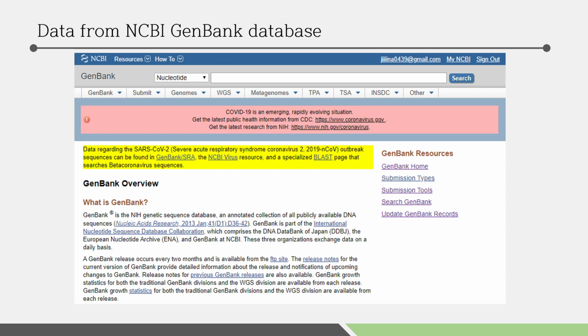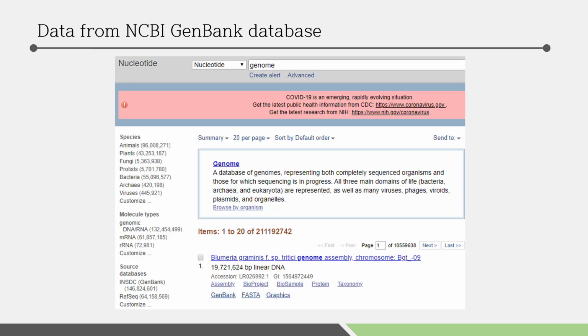Then, where do we collect a lot of data? NCBI GenBank database is open access and annotated collection of all publicly available nucleotide sequences and their protein translations. Now, in NCBI database, there are genome data of about 96 million animal species and 43 million plant species that have been uploaded.